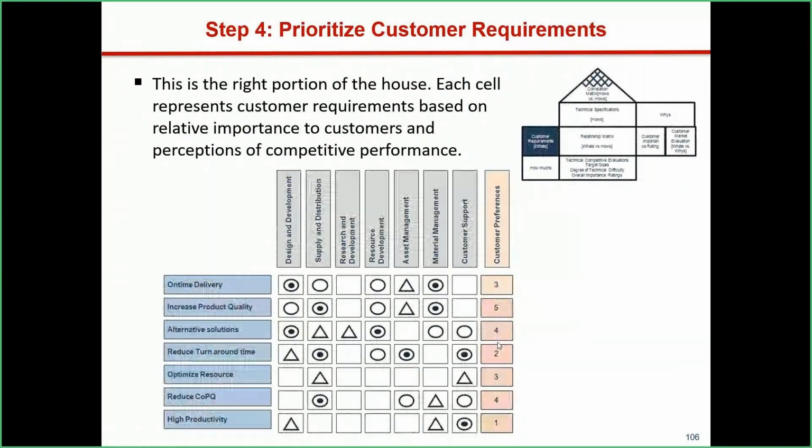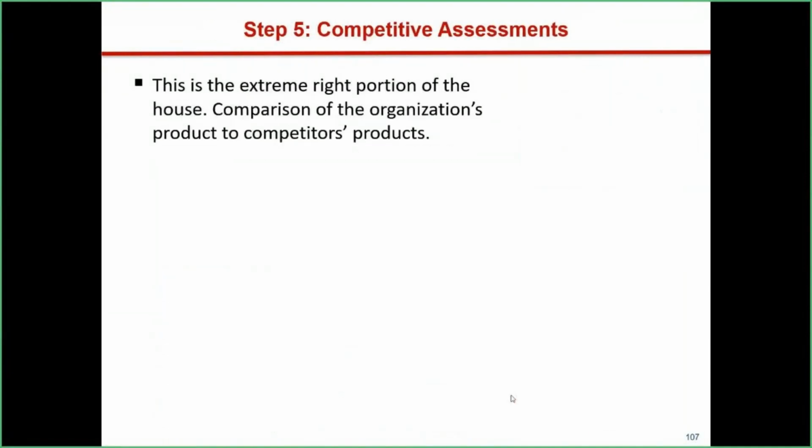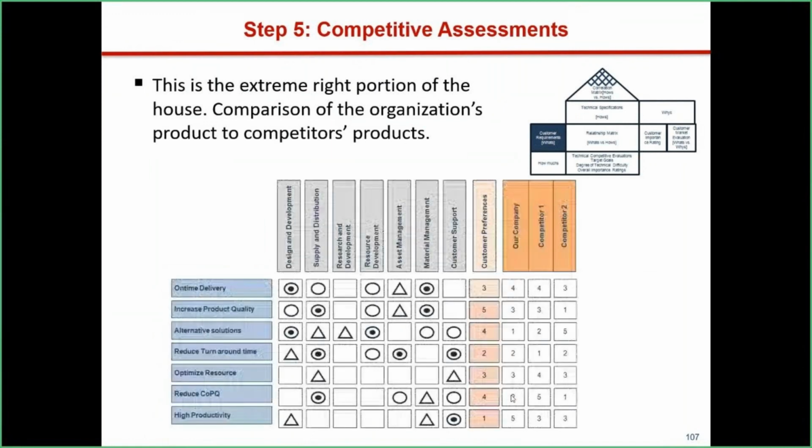And then the customer preferences are given based on that. Then where exactly is our company standing, and where are the other two or three or four competitors standing in terms of this particular matrix that we have created. So we are doing a competitive assessment here.